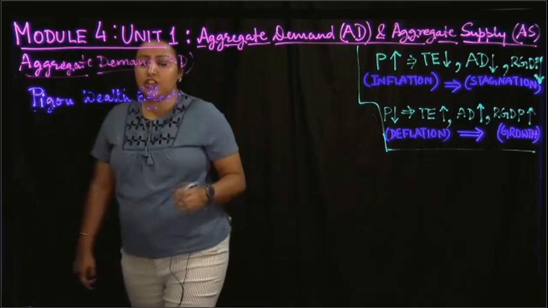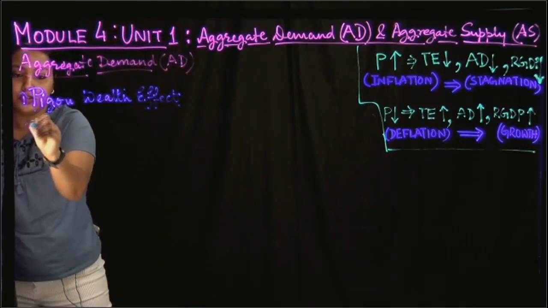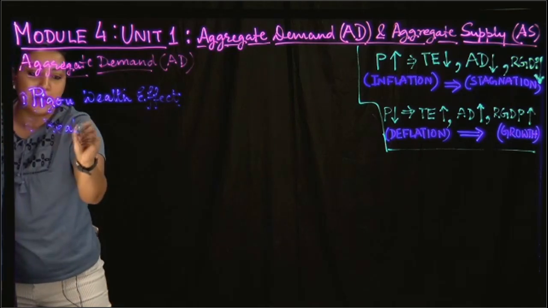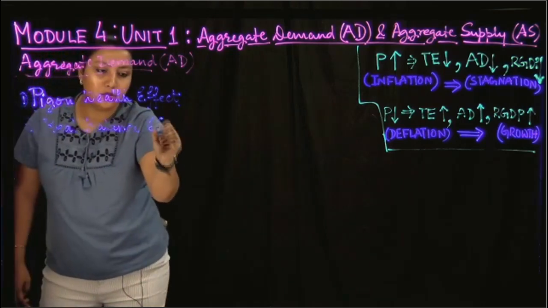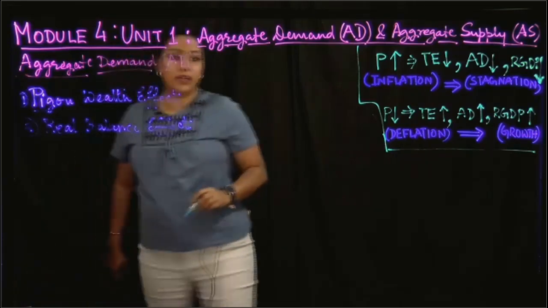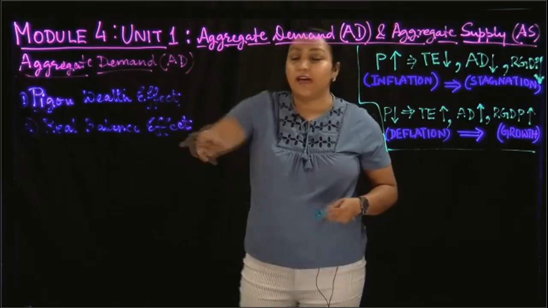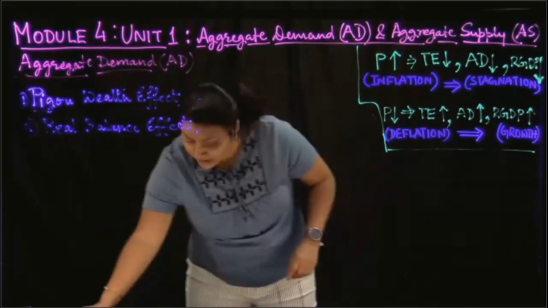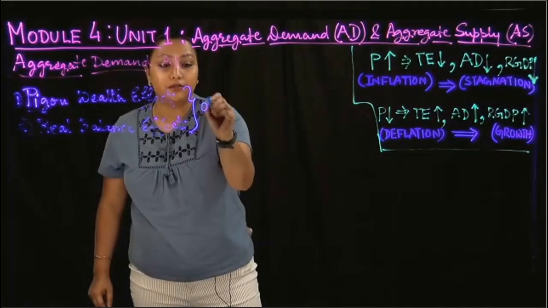Okay, and additionally some people also talk about another reason, which is called the real balance effect. So these two are responsible for this inverse relationship. Okay, so basically these two effects are the two things that are explaining the downward slope of the AD curve.